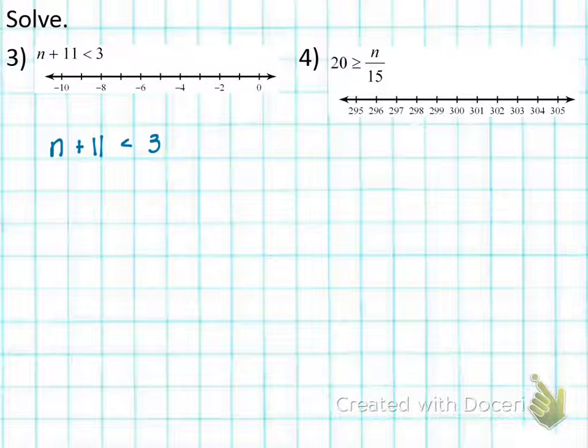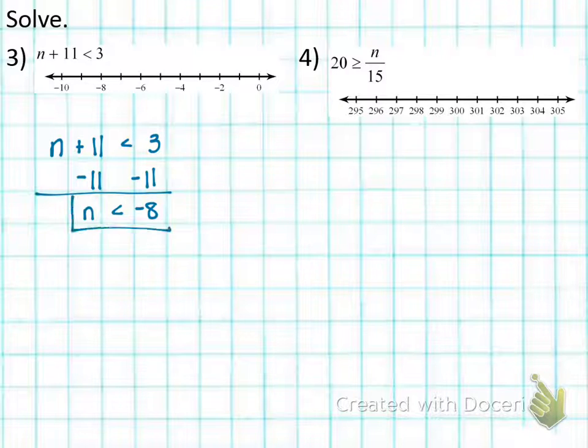So we're going to look at what's being added. It's positive 11. What's the opposite of positive 11? Good, minus 11. So we get n is less than, what's 3 minus 11? Negative 8. Is n by itself already? Yeah. So we're done with this one.